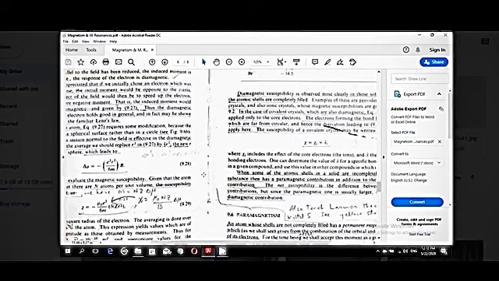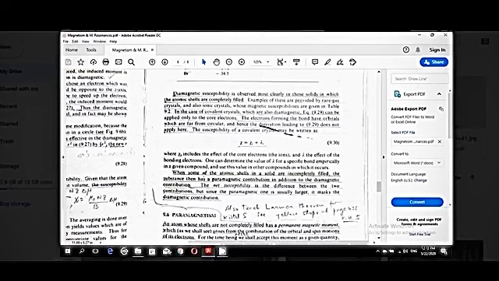The electrons forming the bond have orbitals which are far from circular, and hence the derivation leading to equation 9.29 does not apply here.